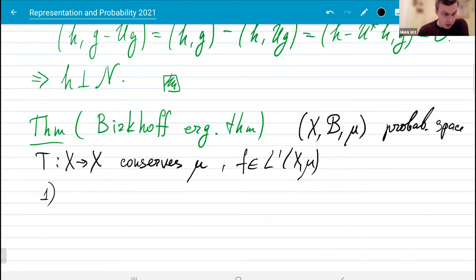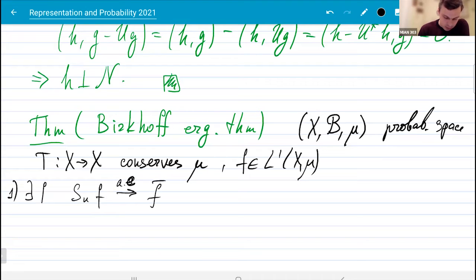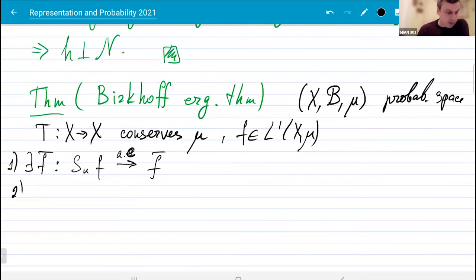First of all, S_n f converges almost surely, or almost everywhere, if you wish, to some f bar. The second part is that this function f bar is invariant.